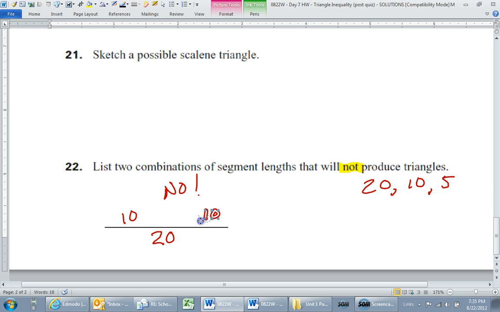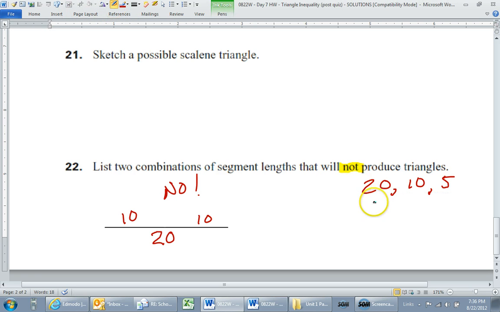That's the only way these sides are going to meet. And when they're flat like that, that does not make a triangle. So it's not good enough if they add up to exactly the same as the bigger number. They have to be adding up to more than the biggest number. So this is another example of a no.